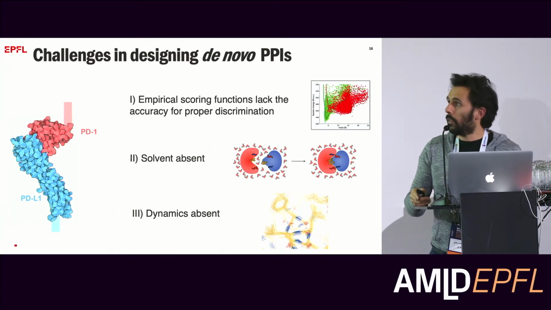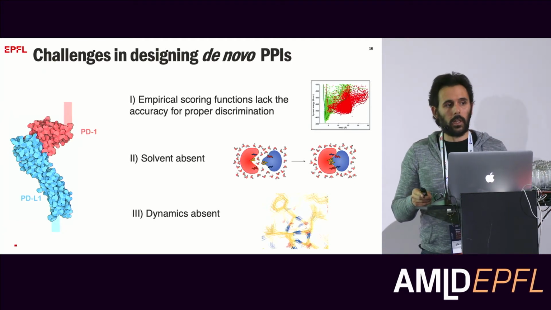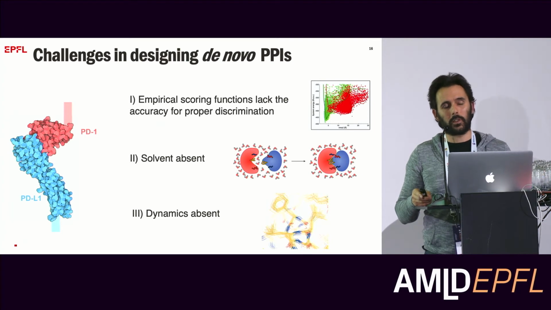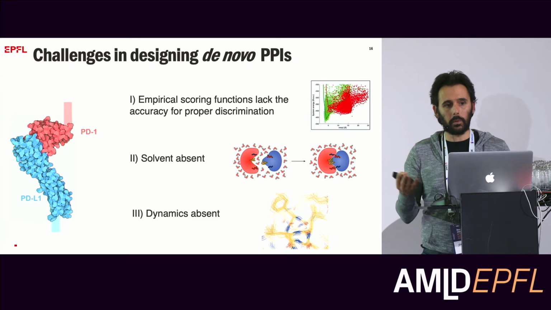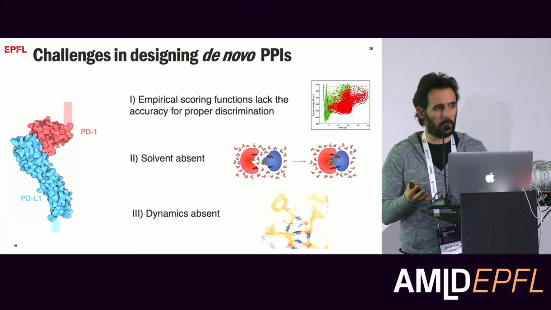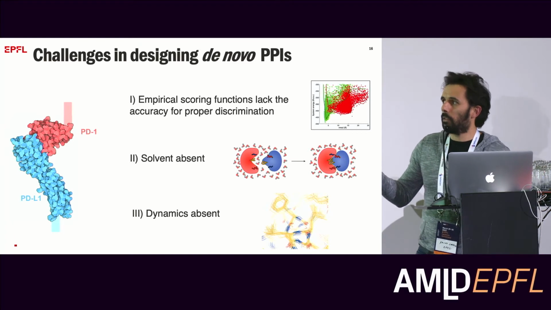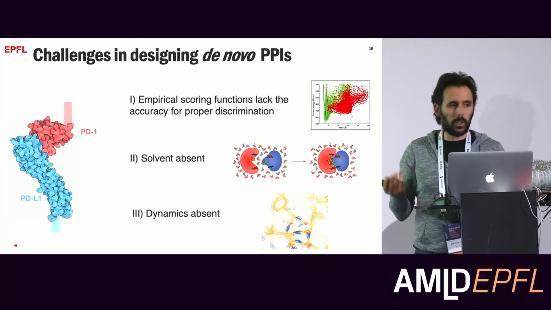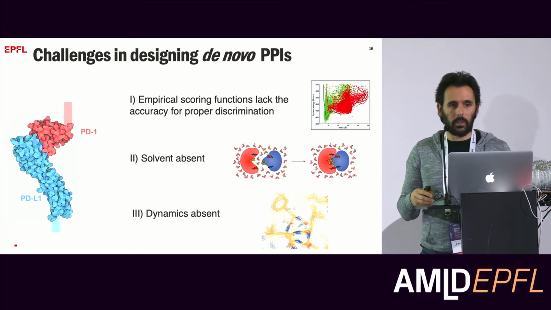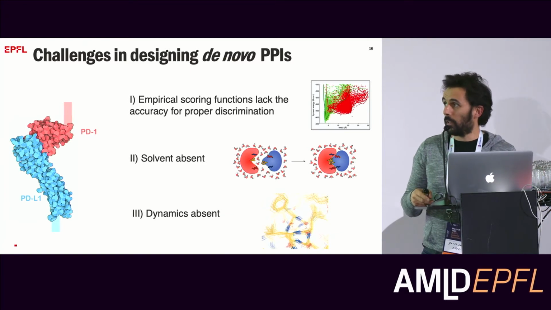And part of it is related to the fact that we actually don't fully describe or understand the way molecules behave. A lot of the calculations that we do in a computer are in fact approximations of the system. Some of the approximations are related to the fact that some of the scoring functions that we use don't accurately capture the forces that govern molecular behavior.